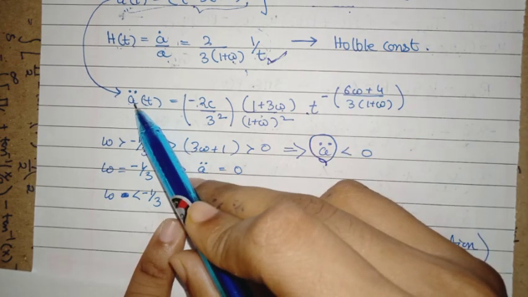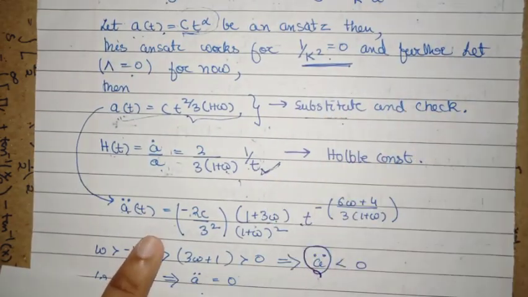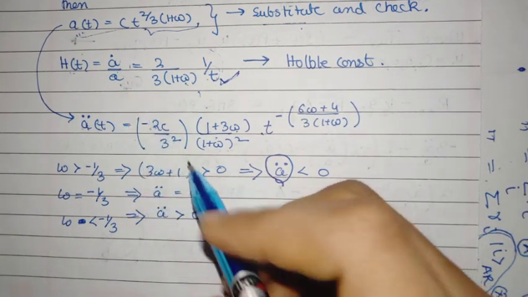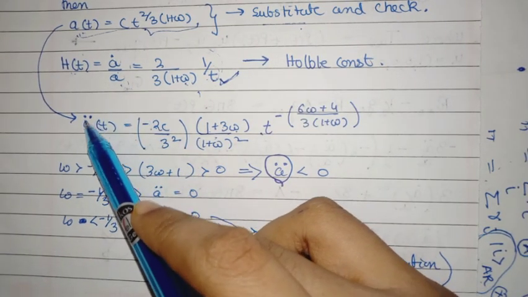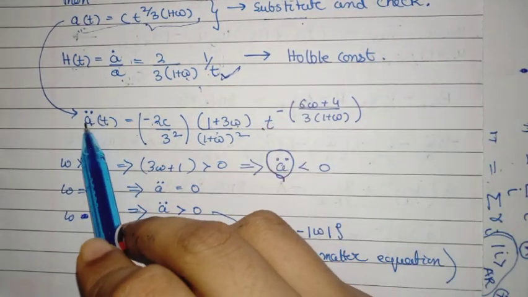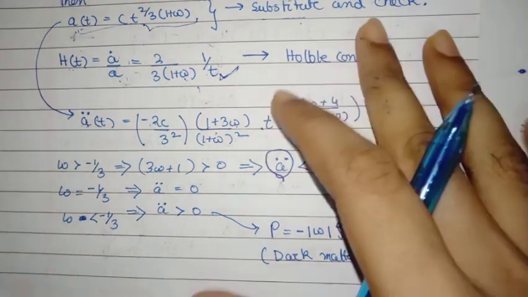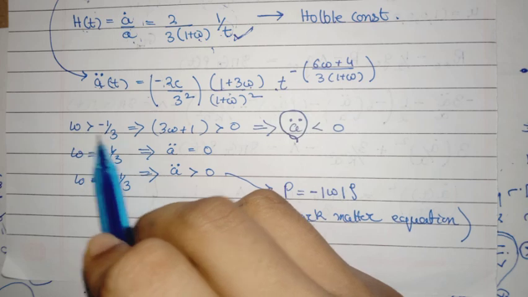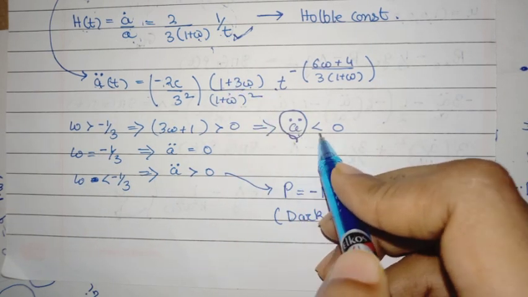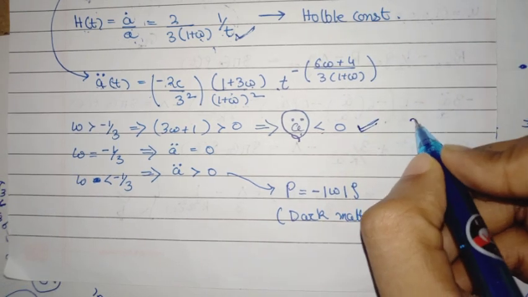And the analysis shows that you can see, the parameter a that we have chosen has dimensions of length. So this dimension a double dot signifies some sort of an acceleration, and if omega is greater than minus 1/3, this term a double dot is less than 0 and suggests that the universe is collapsing.